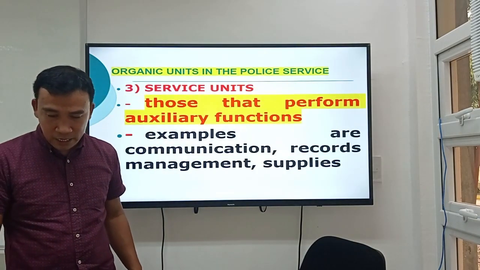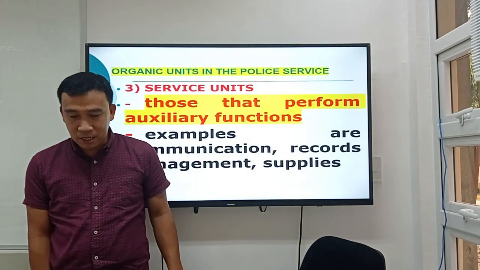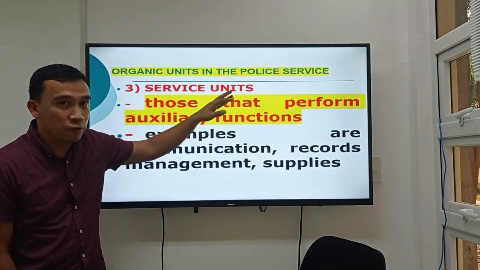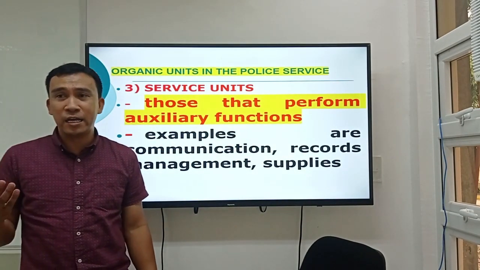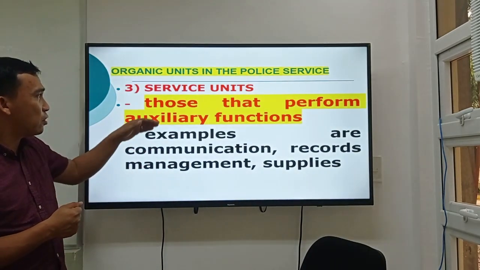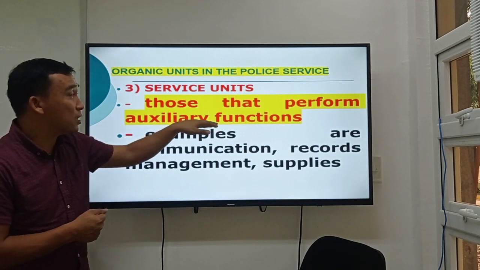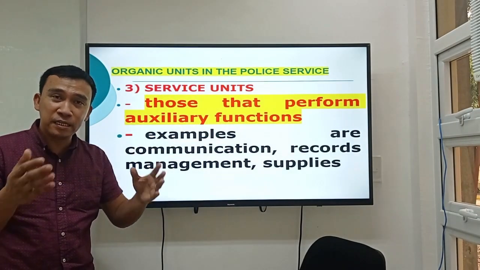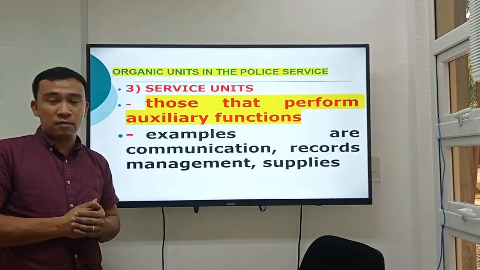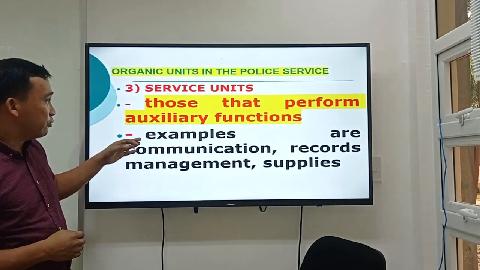And thirdly, yung pang-third na organic units ng police service is the service units, or sa iba niyan ay ito yung mga auxiliary units. Okay, ano naman ito? Those that perform auxiliary function. Pag sinabi mong auxiliary means support function. Okay, naka-back up sila. Ano itong mga to?